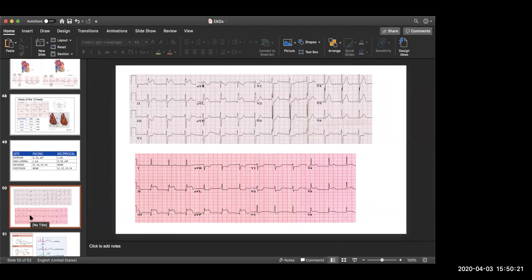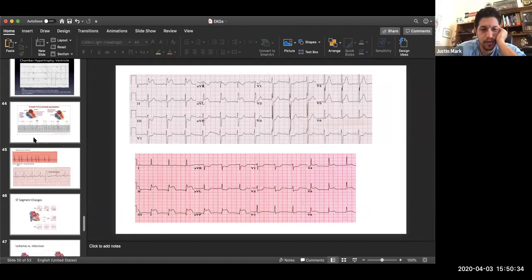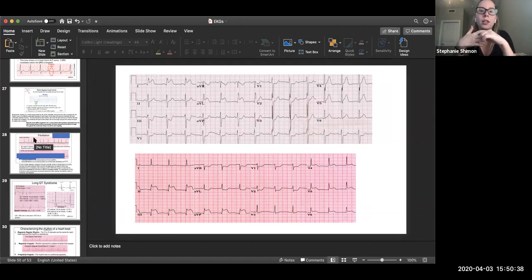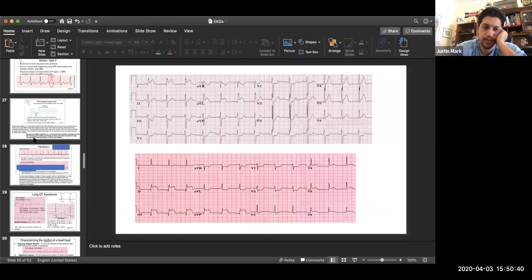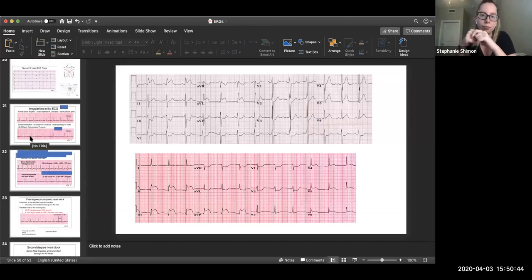Steph, I think Steph had a question. Yep. I'm just going to wait until everyone finishes. Okay, so is AFib the only thing that doesn't have P waves? You can have VFib. But those are all irregular rhythms, right? We're talking about this case, or just any case that would have a regular rhythm with no P wave.